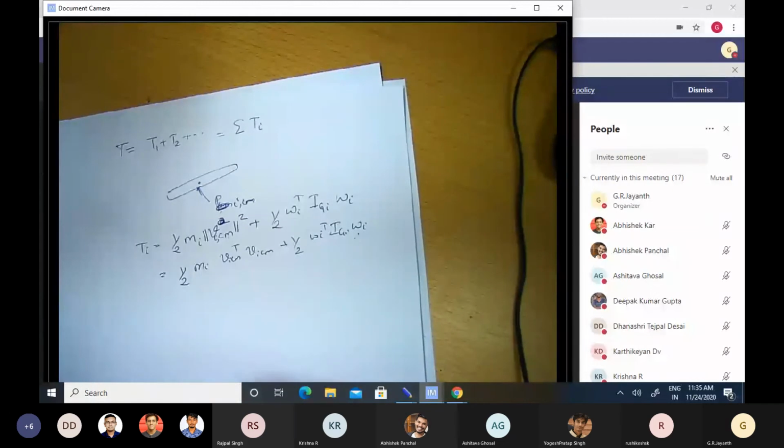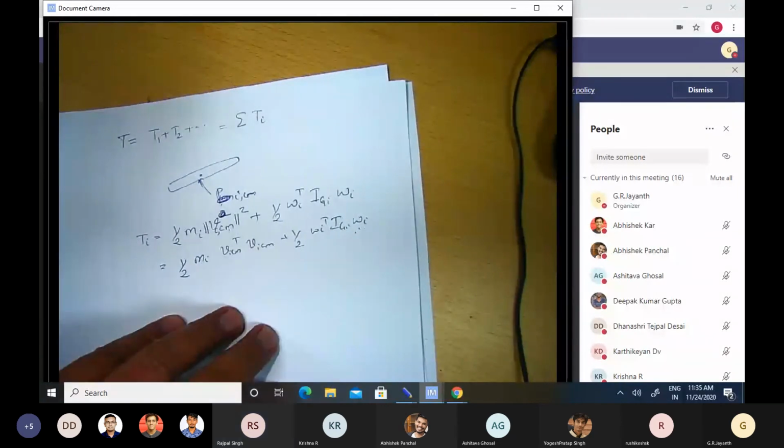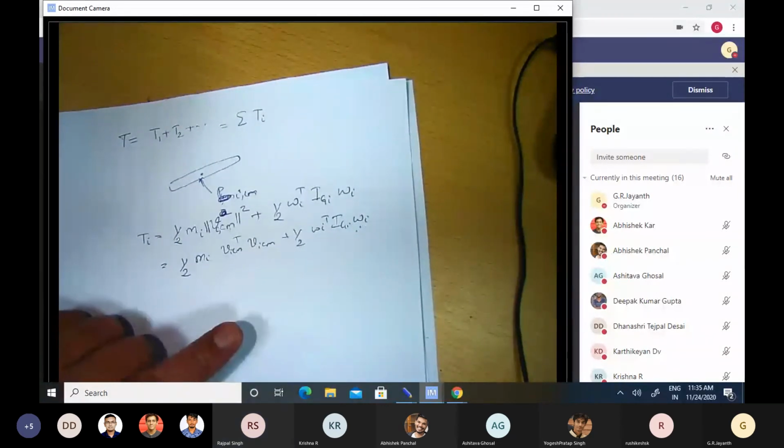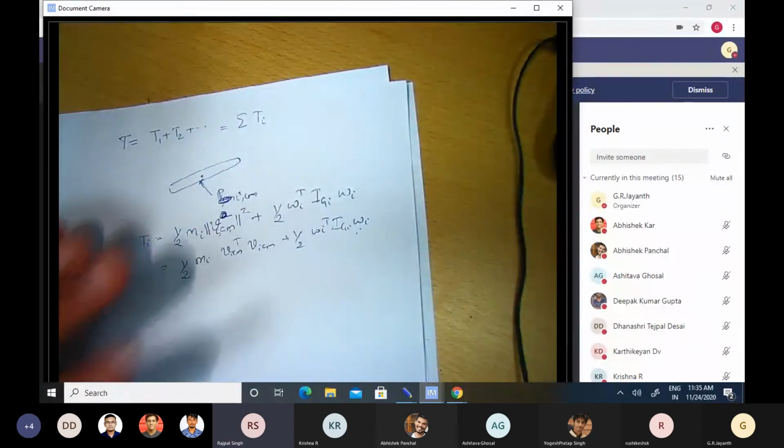Correct? Sir, in ZB2 we shifted it by theta, so ZB2 and ZB1 are not the same. Correct. That's why I'm saying that this angular momentum associated with spin was aligned along the ZB2 axis. Do you agree with me on that? Yes, sir.